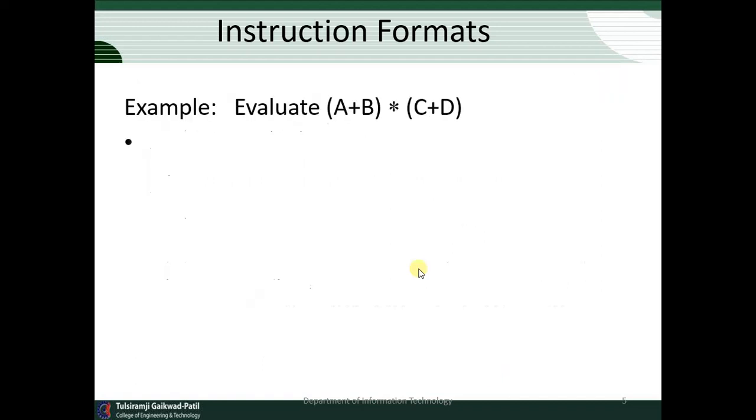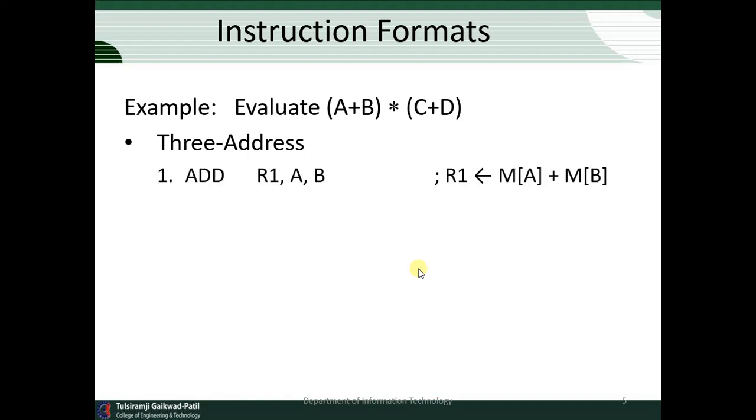Now, one by one we are going to see an example. Suppose we have the expression a plus b into c plus d. How do we execute it using three address instructions? First we need to add a plus b.